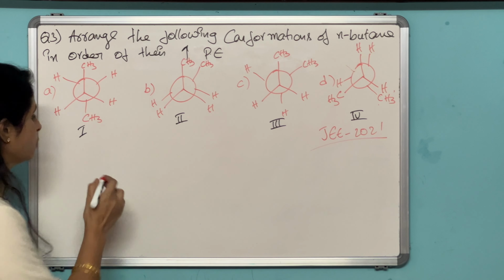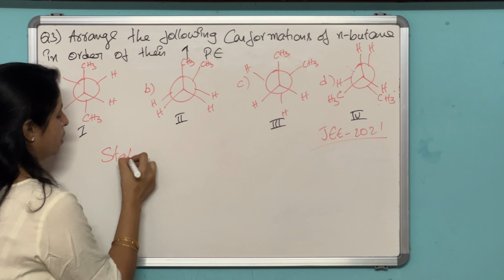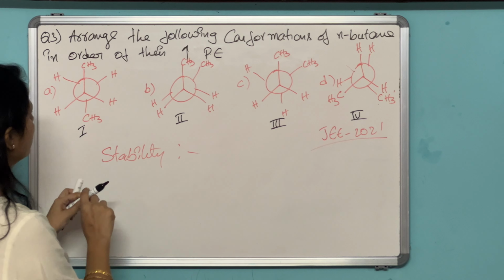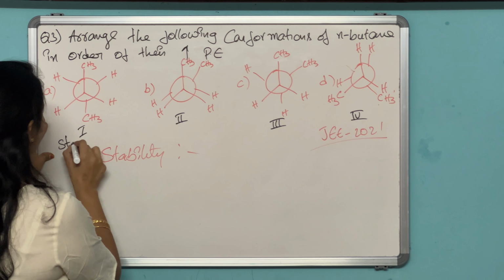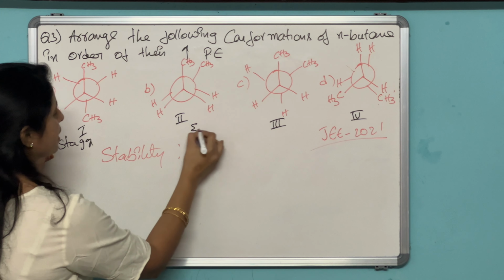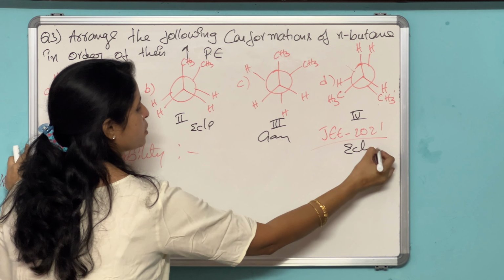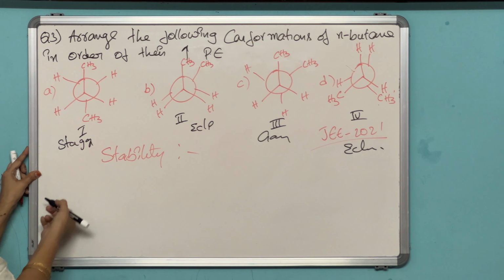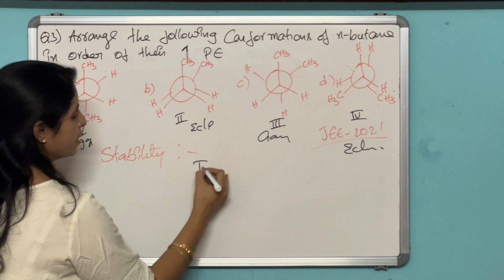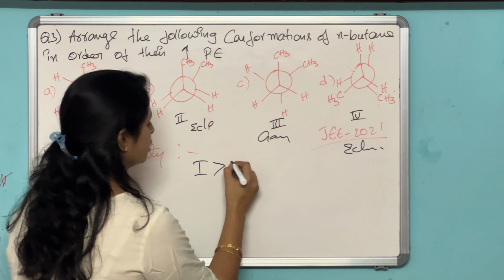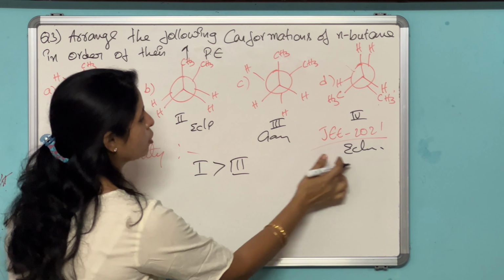So you know the stable conformation of n-butane, no? First you write down the stability order. Which is more stable among all these four? Here the first is the staggered form, the second is eclipsed, the third is gauche and the fourth is also eclipsed. First you compare which is more stable. The first is the most stable, afterward the third, gauche, and then there are two eclipsed forms.